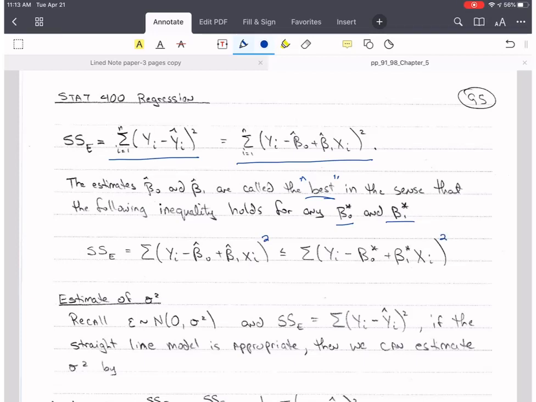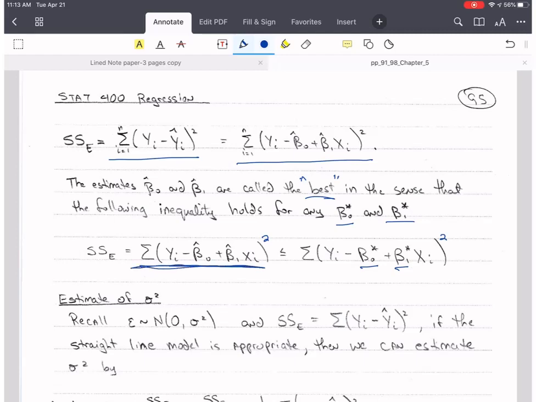So the sum of squares of error, the sum of yi minus (beta naught hat plus beta 1 hat xi) squared, is going to be less than or equal to the same expression with any other estimators of beta naught and beta 1 that we could come up with. So this inequality is always true.